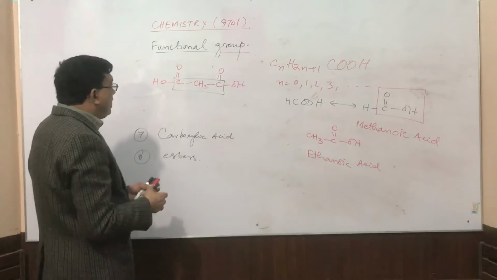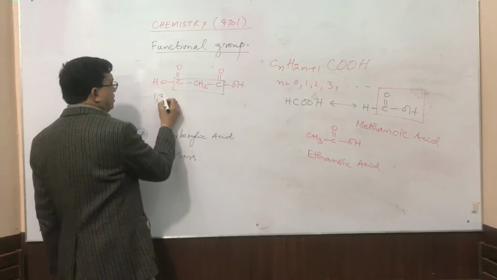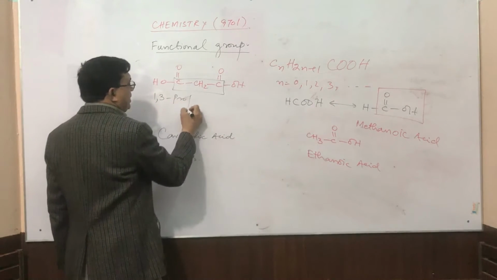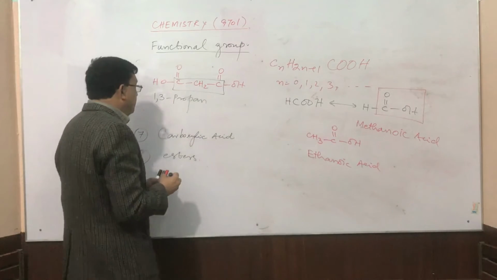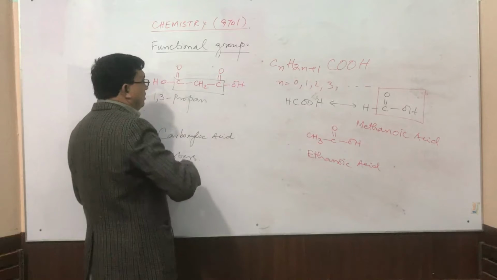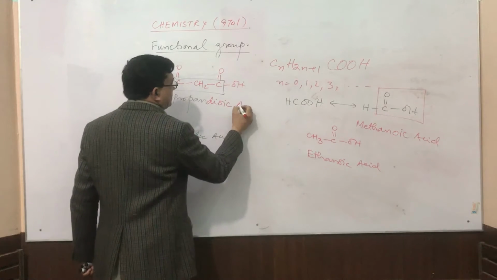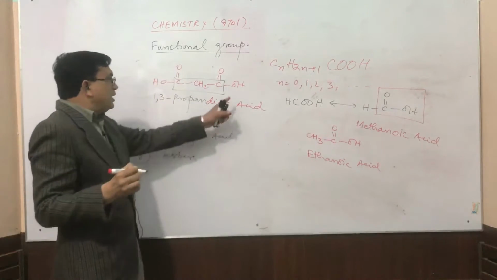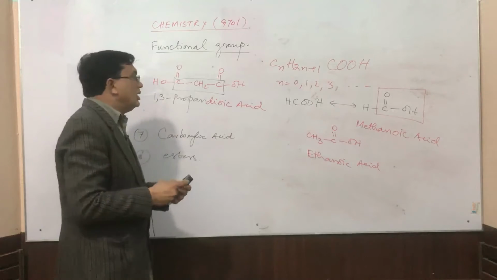1,3 propane dioic acid. It means that 2 carboxyl groups are present in one molecule.